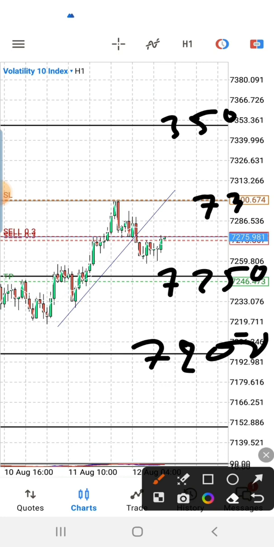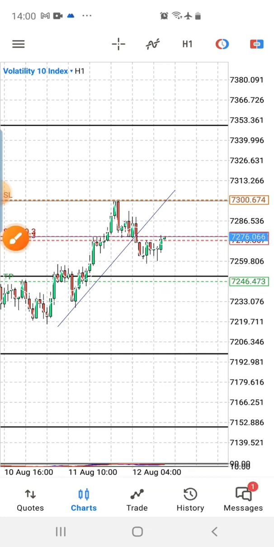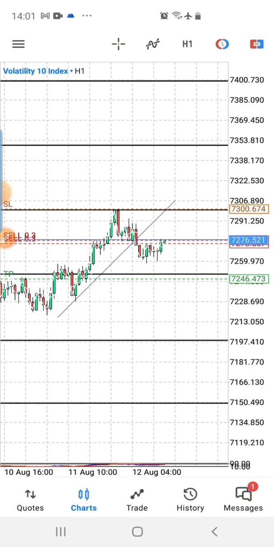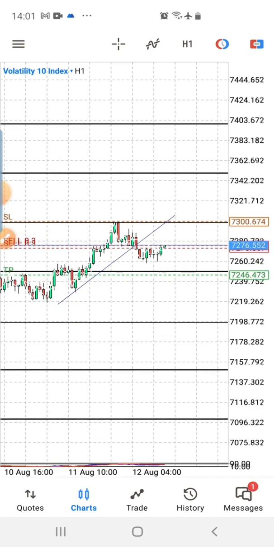So you are going to be marking your own this way. This is VS10. Just go to the 1 hour time frame and start marking this out. Depending on where you are looking at your chart, just make sure you are getting a round number like this one. When you have this, you mark in the line, you drop a horizontal line at those levels. That's round numbers.